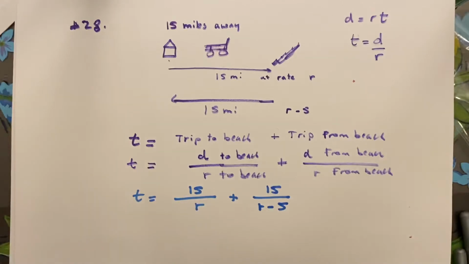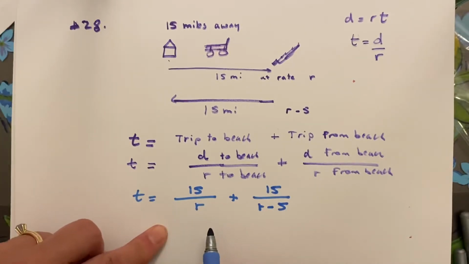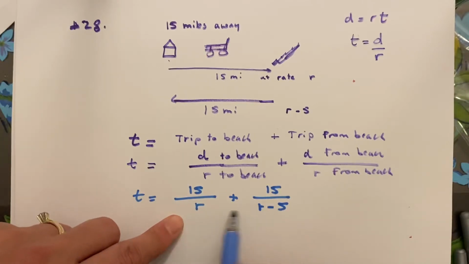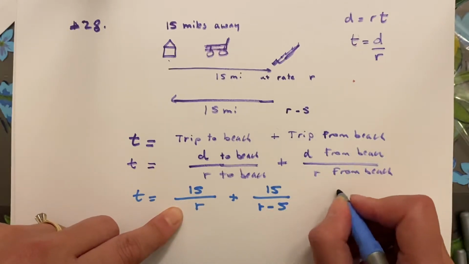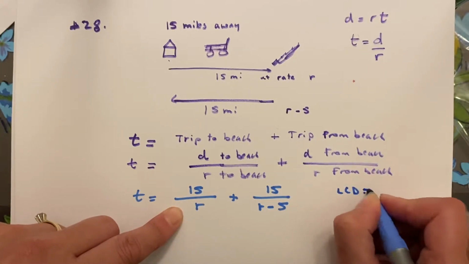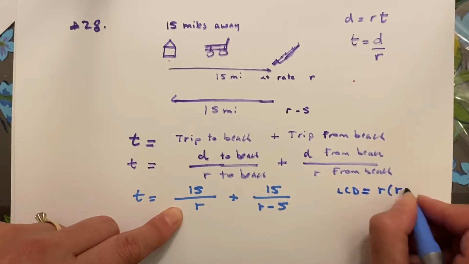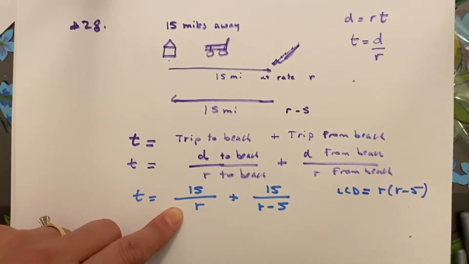I'm going 5 miles an hour slower. So I have an equation, but the thing is, I need a common denominator. And so my common denominator, my LCD, is going to be R times R minus 5.